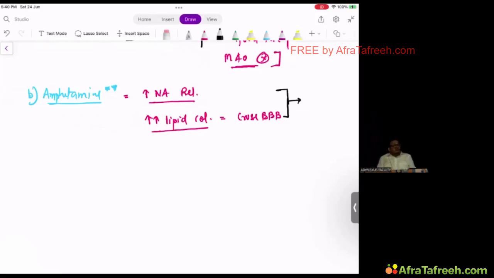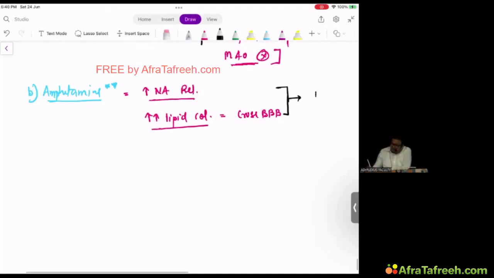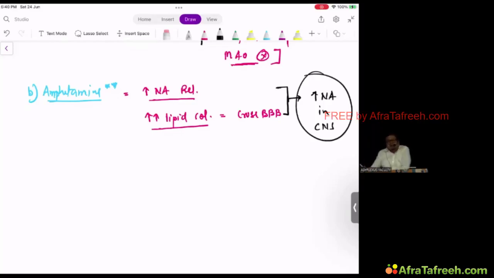In CNS. What does the drug do? It goes to vesicle and says release. So now the ultimate effect is that when you take amphetamines, it will have increased Na in CNS. That is the action. There will be more noradrenaline released in CNS.